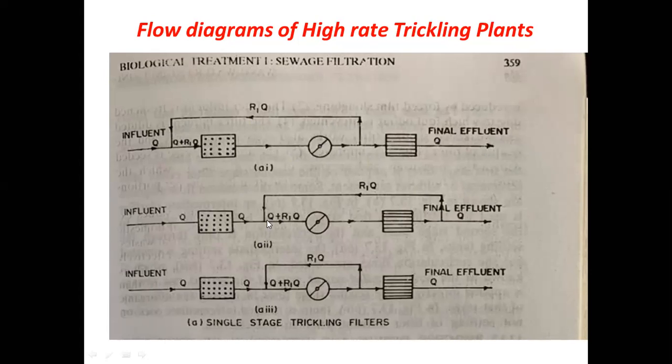In the second figure, the treated effluent after the secondary clarifier is recirculated before the trickling filter. In the third figure, the treated effluent after the trickling filter is recirculated before the trickling filter. These are the three ways you can change your process variation for the recirculation of treated effluent. Now, one by one I will explain.